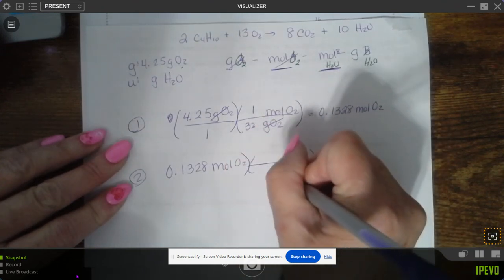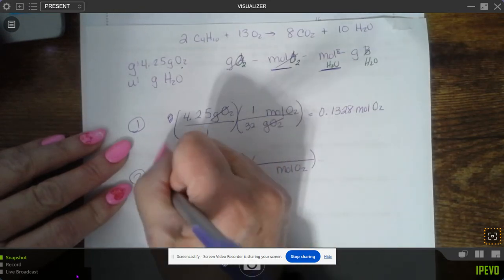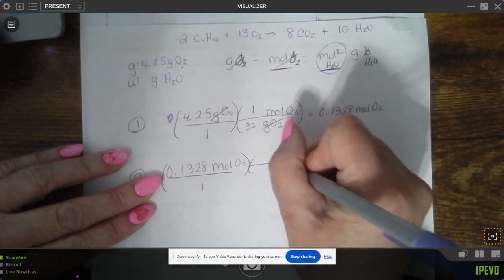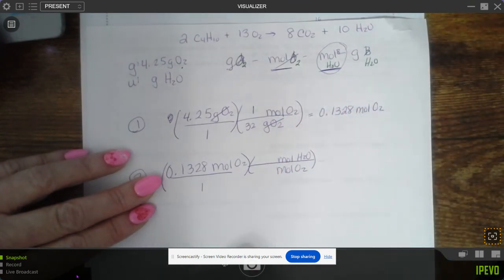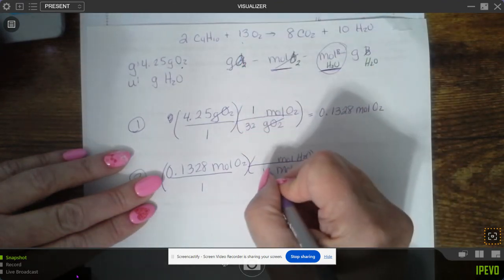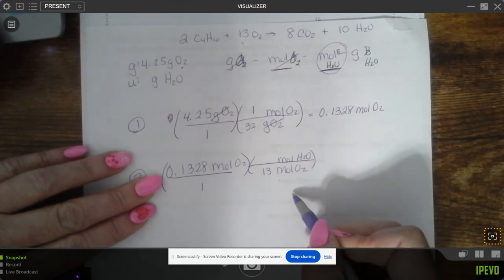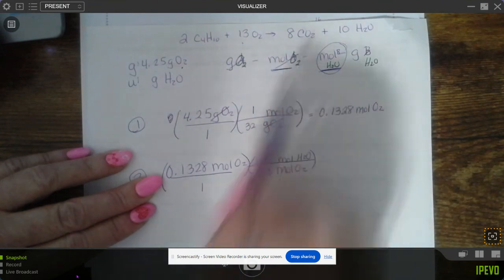So moles of oxygen goes on the bottom. Okay, and then what we're looking for goes on top. So moles of H2O. All right, so I have 13 moles. Remember when I have moles of one thing and moles of another thing together in my conversion, I have to use the mole ratio from the balanced chemical equation.